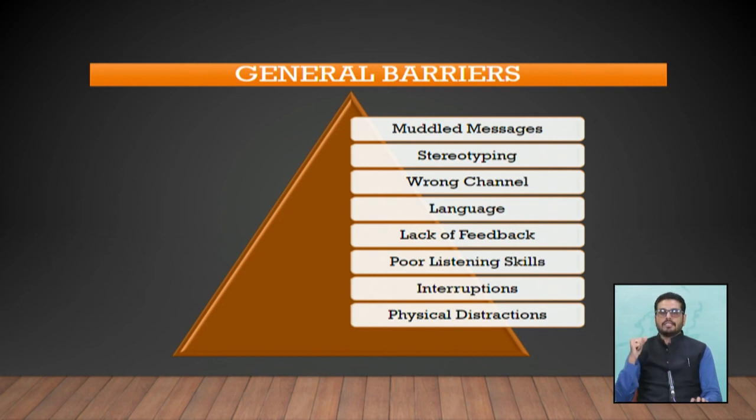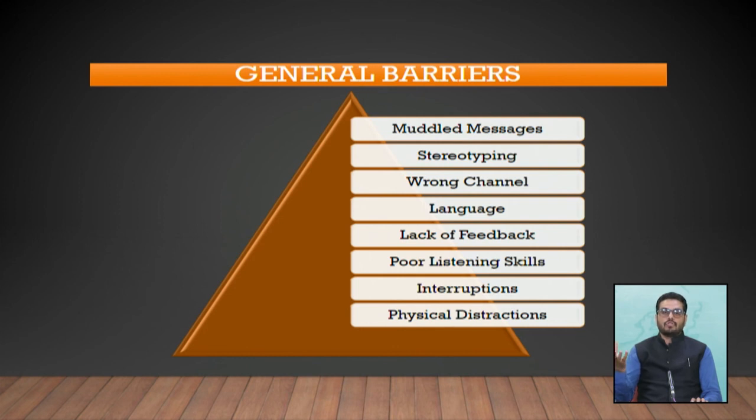Now, these are general barriers of communication. The first is muddled messages, that means messages that are very confusing. Second is stereotyping. If you keep on repeating the same thing again and again, it becomes very boring. It becomes stereotypical. The way in which you speak becomes stereotypical as well. Or wrong channel.